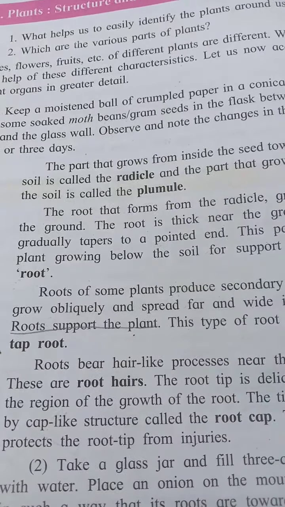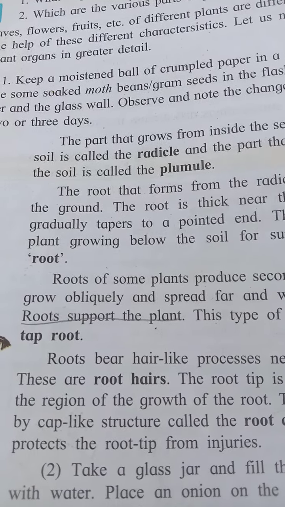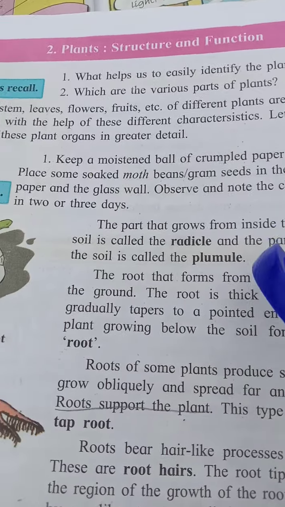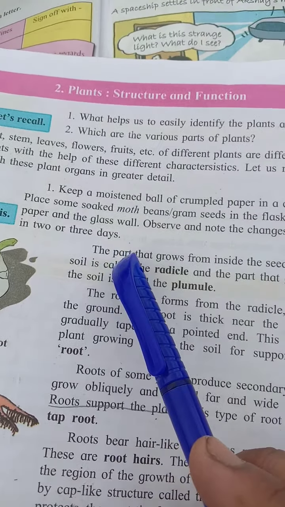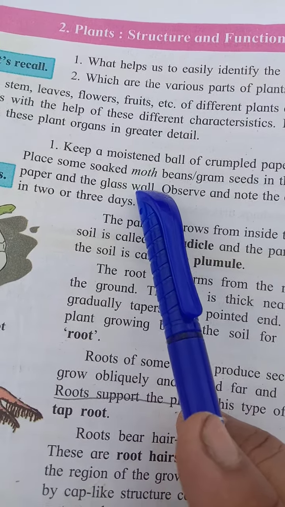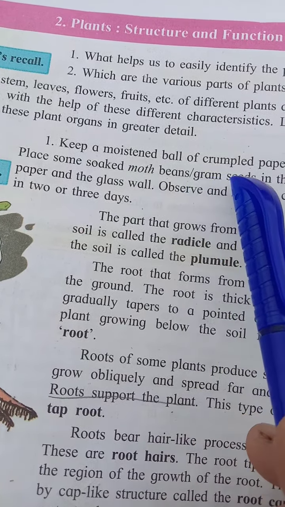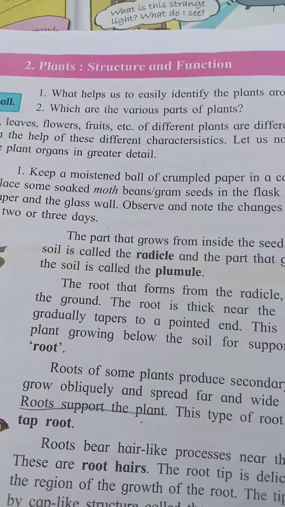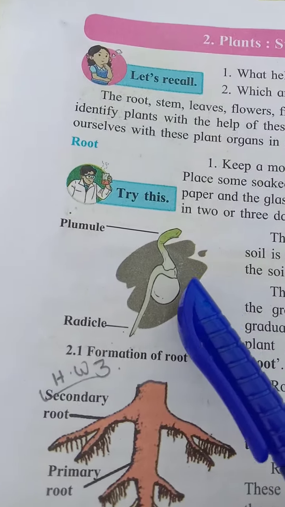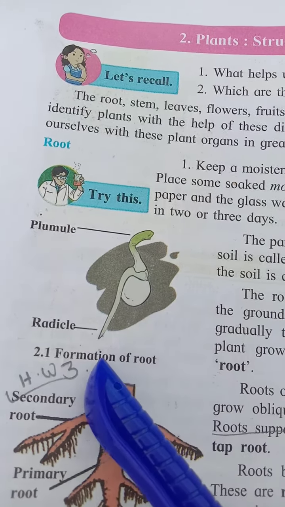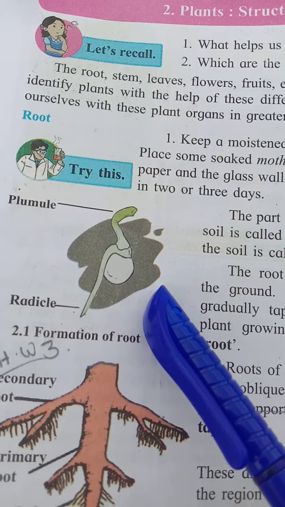When we soak moth beans or gram seeds, after 2 or 3 days you observe the seed like this, and this is the formation of a root.